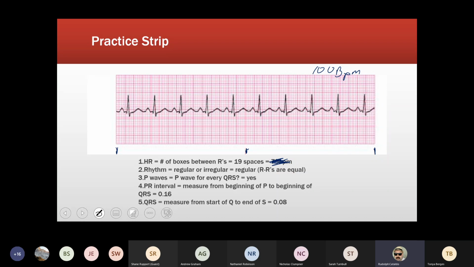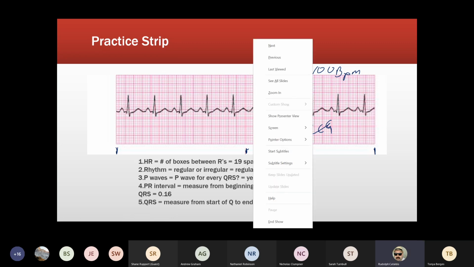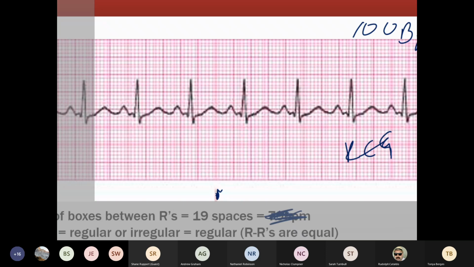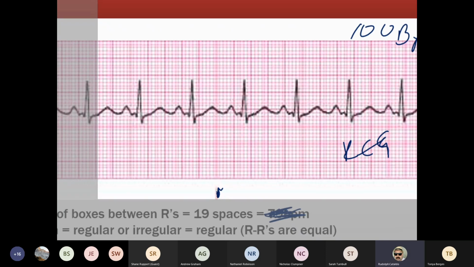Rhythm, regular or irregular? Regular. Okay. My PR interval, just from looking at it, let's see if I can zoom in. How many small boxes do I have between my PR interval and my QRS complex? Two.